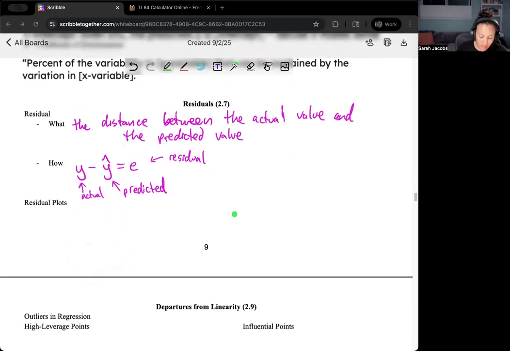For residual plots, there's really just one big thing. The key thing here is you do not want to see a pattern.